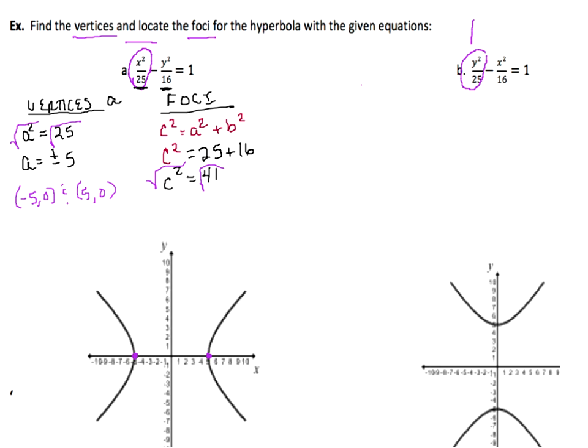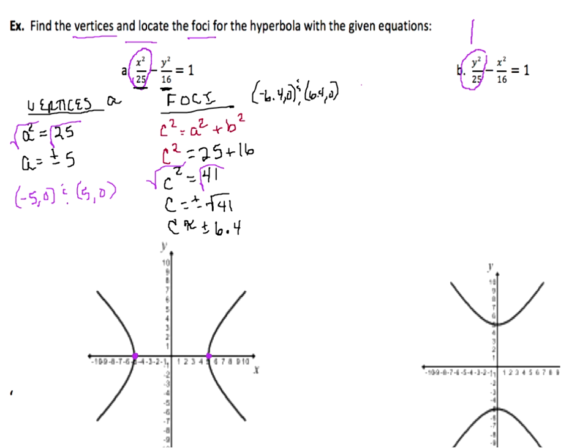I'm getting a little faster with the pen here, getting back into my groove. We get that C is equal to the positive and negative square root of 41. I'm just going to give a decimal estimation of that. That is approximately positive negative 6.4. So our foci are located at negative 6.4, 0 and positive 6.4, 0.